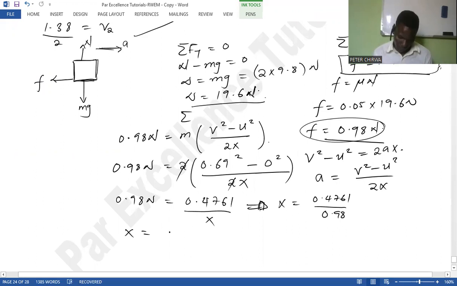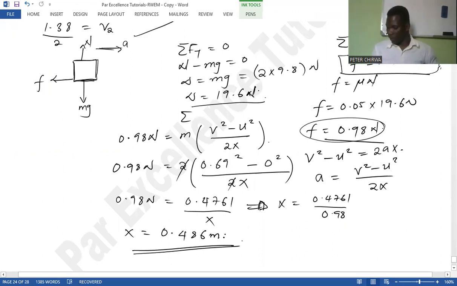We get 0.486 meters. So this is the distance it moved after the bullet emerged, the displacement or the distance. So this is how you find the answer to this question.